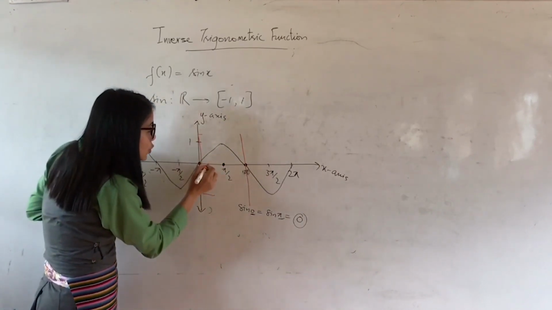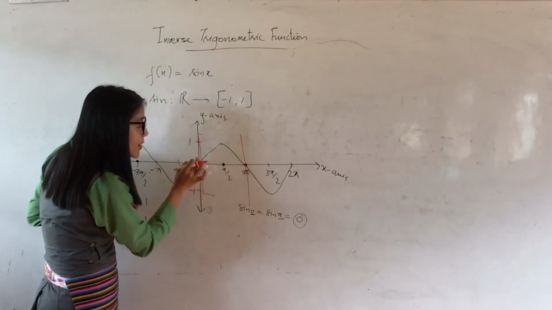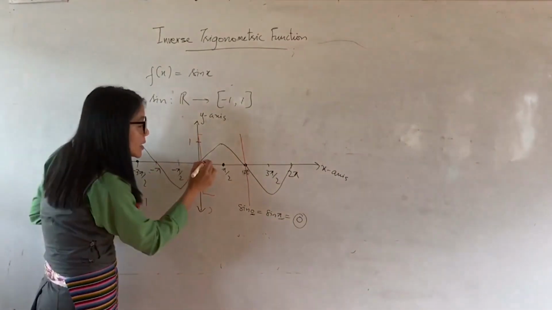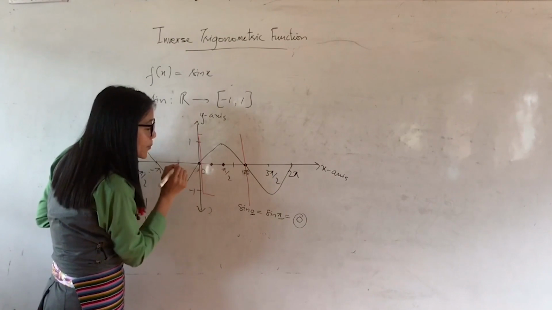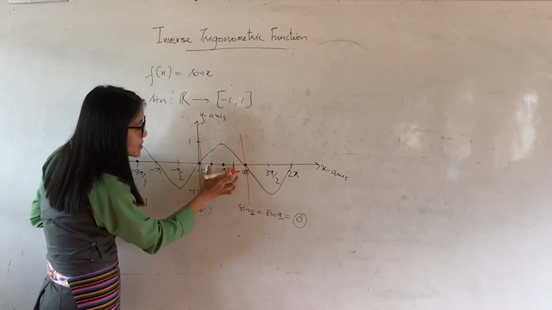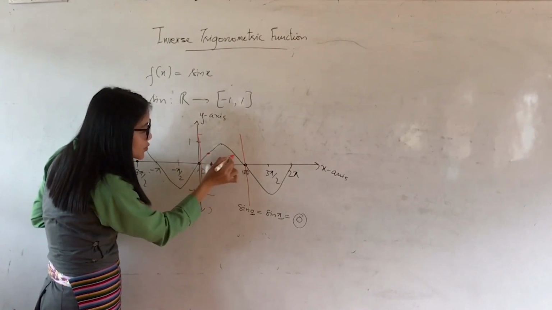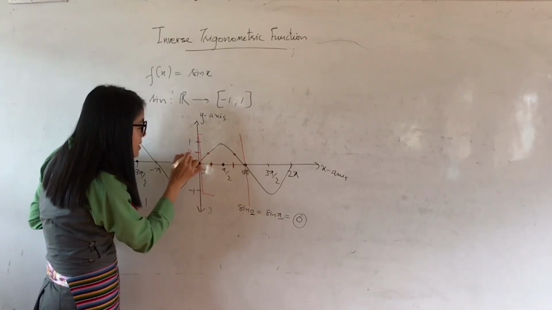Okay, so you can see that at 0 and pi they have the same images, so therefore sine is not bijective. Clearly you can see that. Similarly, if I take one point here and one point here, at these 2 points, hope it is visible to you, what is the image of this point here? What is the image of this point here? Let it be some y1.